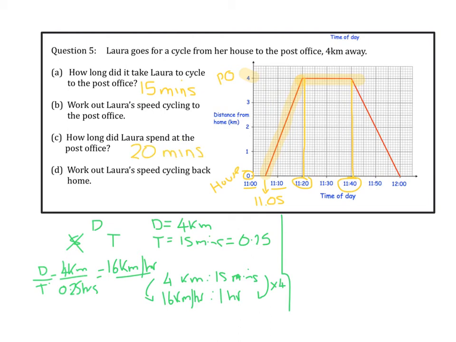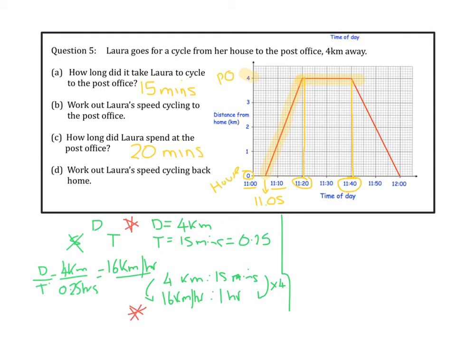And then work out Laura's speed cycling back. So again, you can use the ratio method, which was this one here. You can use the triangle, or you can use gradient. I'm going to use gradient here. So just to recap of what we were doing.